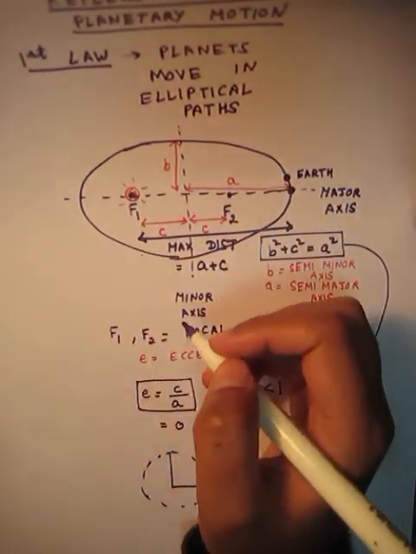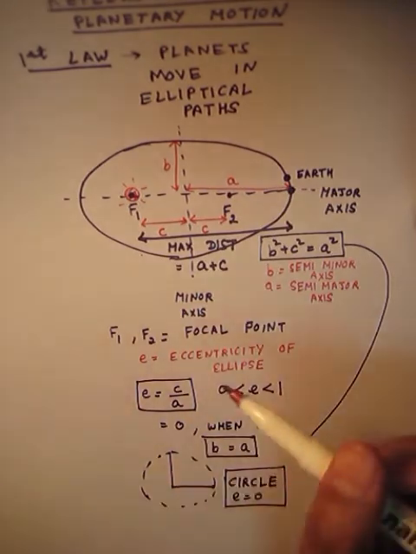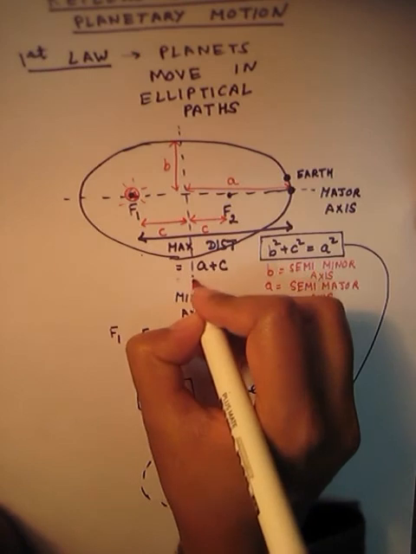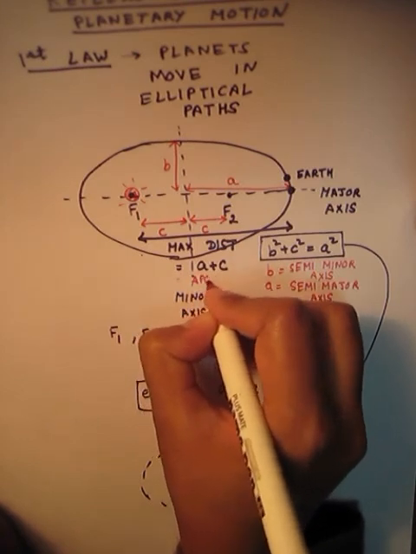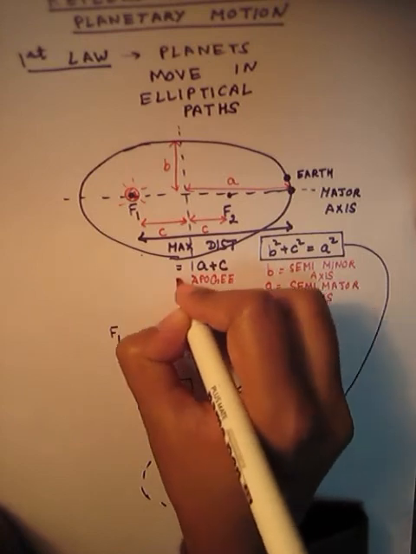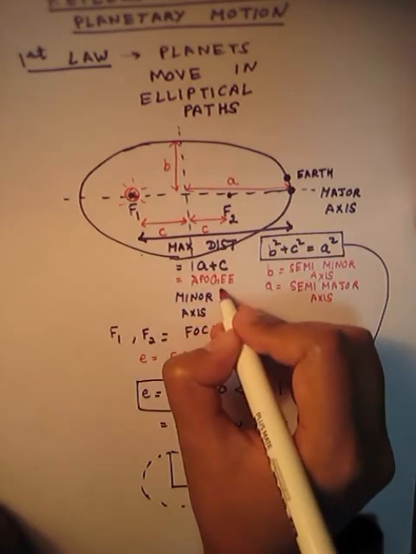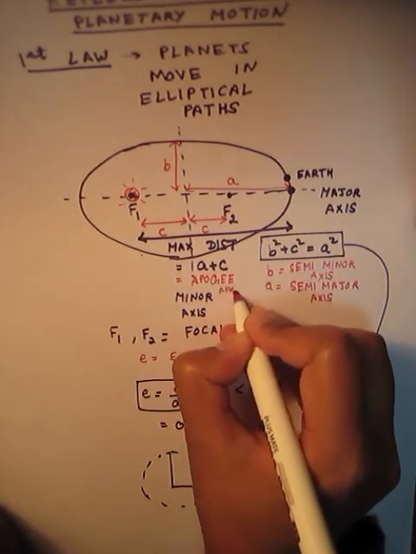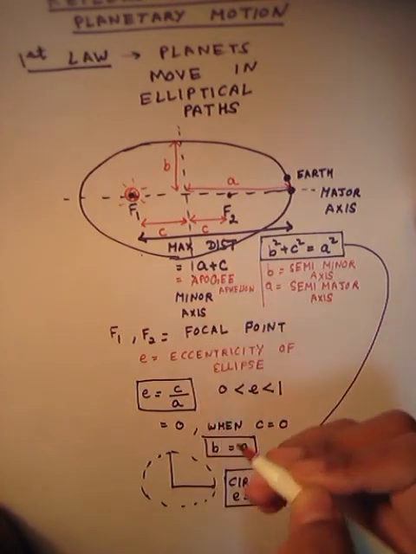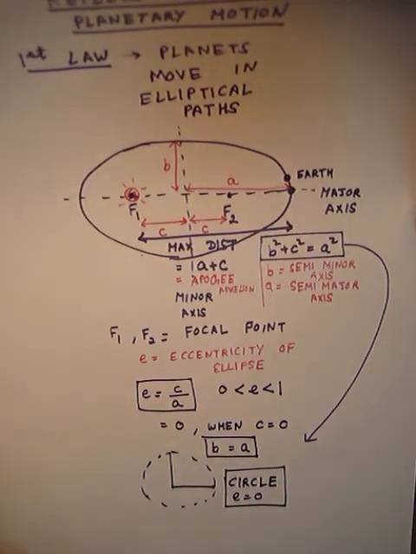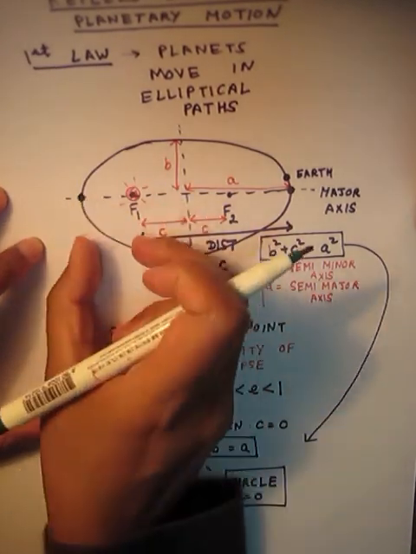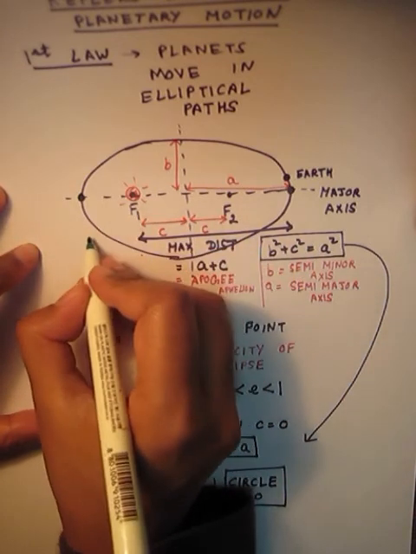It is the maximum distance of the planet from the Sun, and we call this point the apogee point, a scientific term for this point, and it is also called the aphelion point.